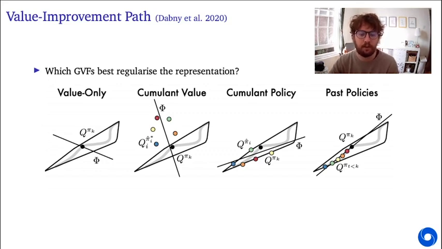So rather than picking the policies arbitrarily, we could take advantage of the trajectory to pick a selection of policies as least aligned with the value improvement path up to the current moment. And by picking these past policies as the policies to use as targets in our auxiliary GVFs, then we don't guarantee that these policies will induce a representation that optimally supports future values, but at least it must support well the values on a subset of the value improvement path.